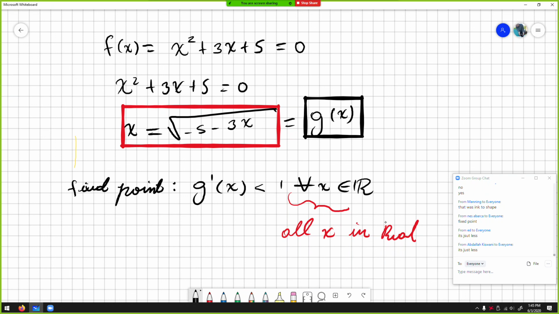I don't really remember how you do it, like if you plug different values of x in here and then you get to a particular solution. I don't remember what you do from here, to be honest with you, because fixed point iteration is not very useful. But I think this is all that it asks you on the exam, just to put it in this form. This is the fixed point iteration form.